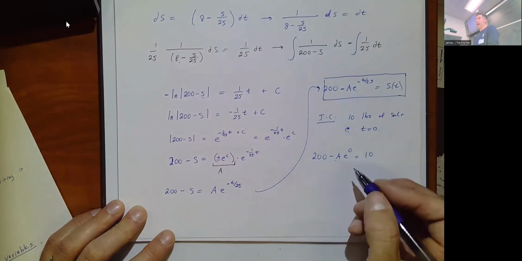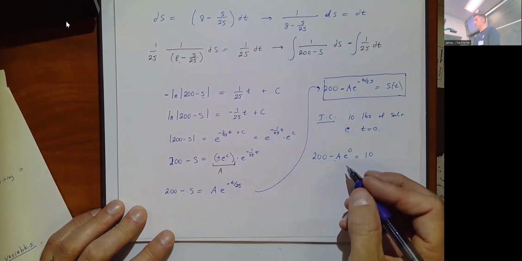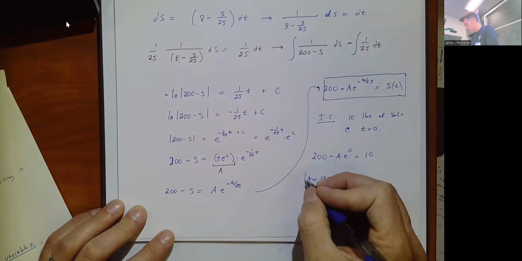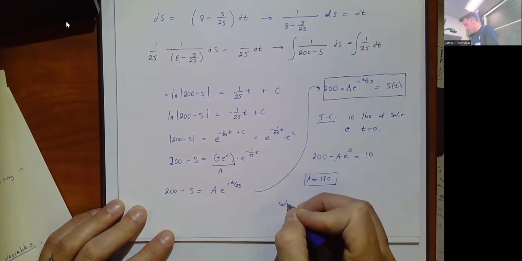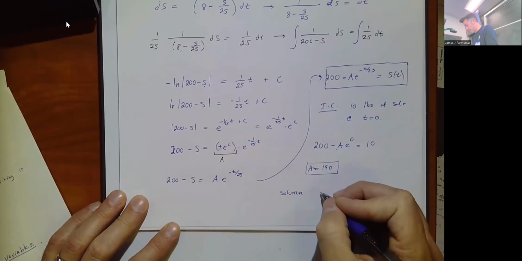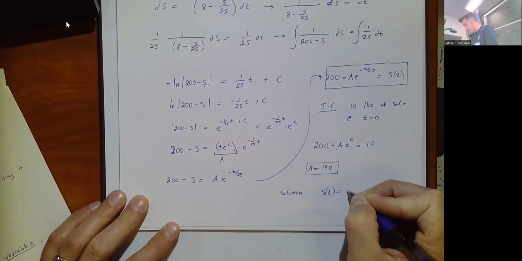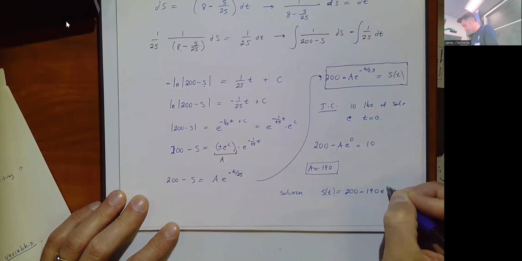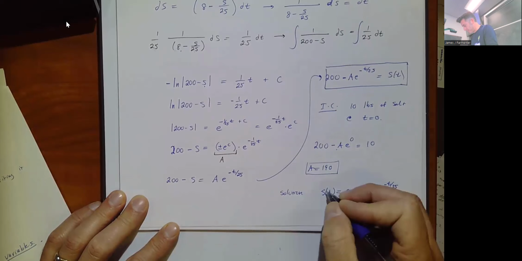So that A ends up having to equal 190. So then our actual solution is that S of t equals 200 minus 190 times e to the negative t over 25.